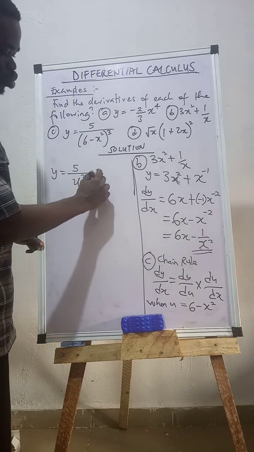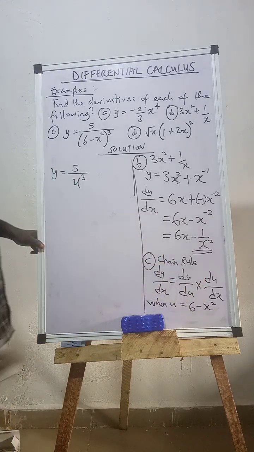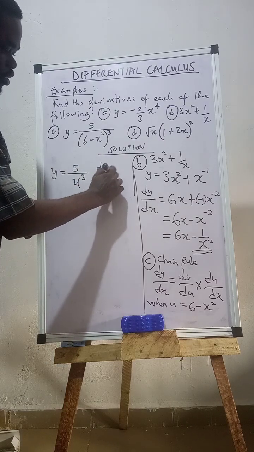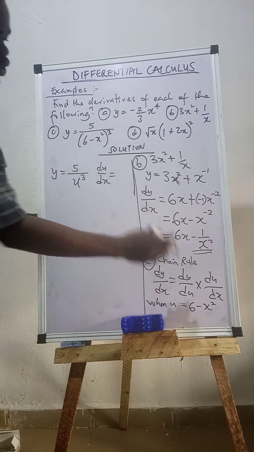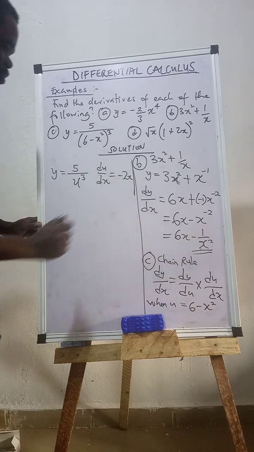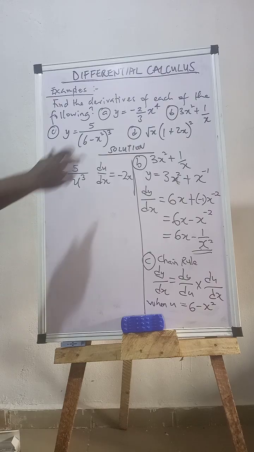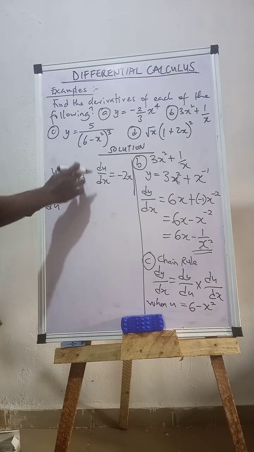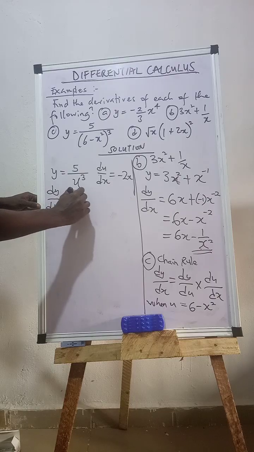And then, when you say u is equal to 6 minus x squared, what we do is differentiate u with respect to x. Differentiating that, the 6 disappears. It's now minus 2x. And then dy over du, differentiating this: remember, this is something as 5u raised to the power minus 3.